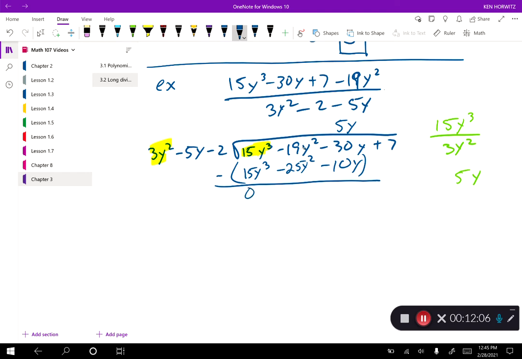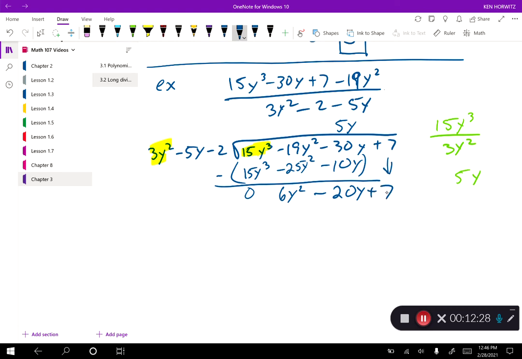Negative 19y squared minus negative 25y squared, so it's really plus positive 25y squared. So that is 6y squared. Negative 30y minus negative 10y is minus 20y. And I bring down the plus 7.